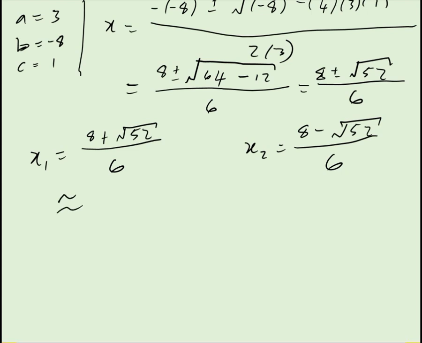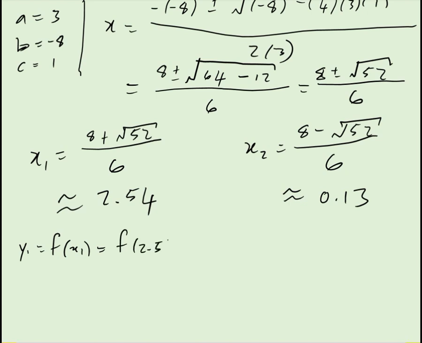Now we're going to round off to, let's say, 2 decimal places. So I'm making it approximately equal because we do lose accuracy with rounding off. For x1 we get 2.54, and for x2 we get 0.13. Now these are just x values, so we want to get the corresponding y values. So y1 is f of x1, which is f of 2.54.